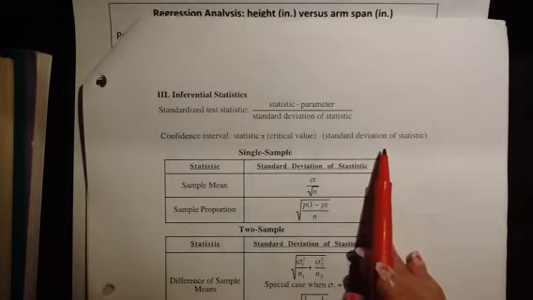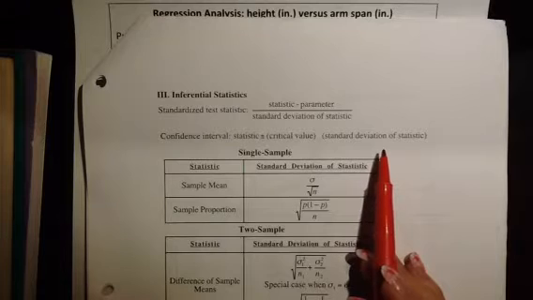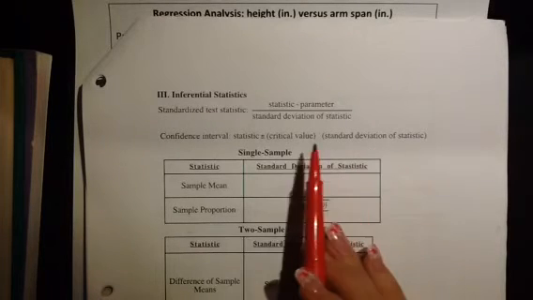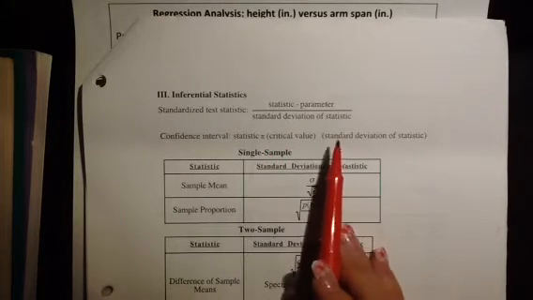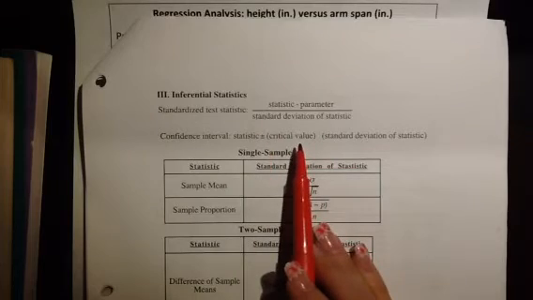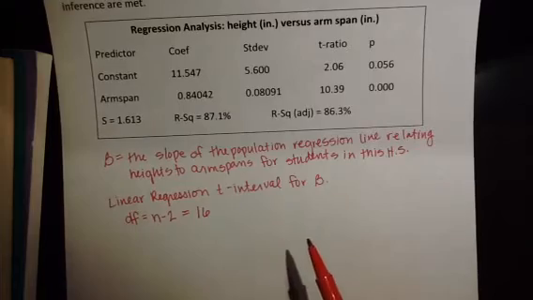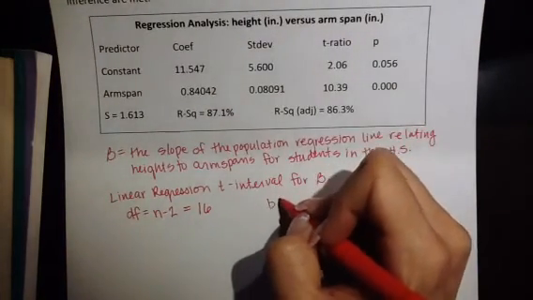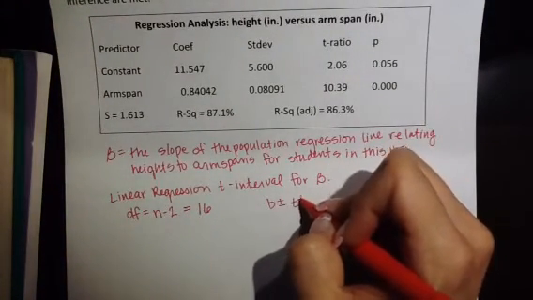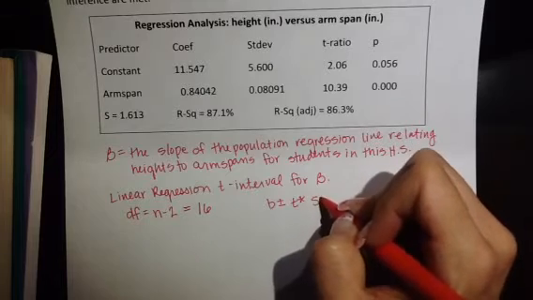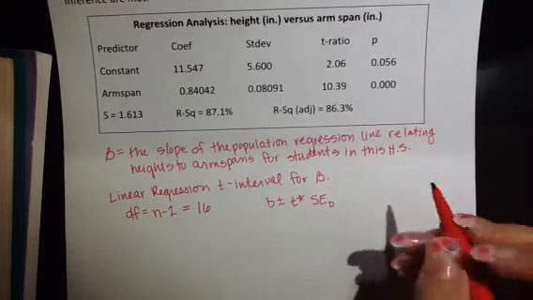And the standard deviation of the statistic is going to be the standard deviation of b. Both of these are going to come from the computer output, and our critical value is going to come from our t table. So we have b plus or minus t critical value times the standard error of b.